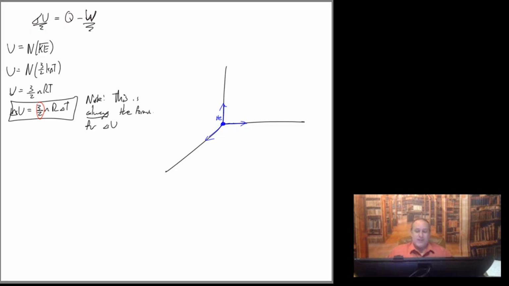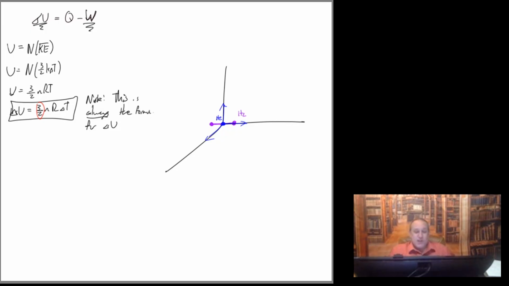What if I took a hydrogen molecule? So a hydrogen molecule might look kind of like this. There's a little bit of separation between the 2 atoms. This would be H2.